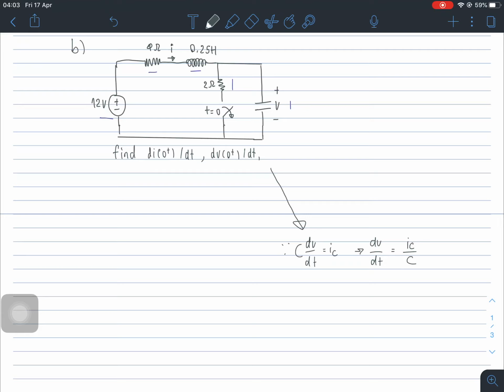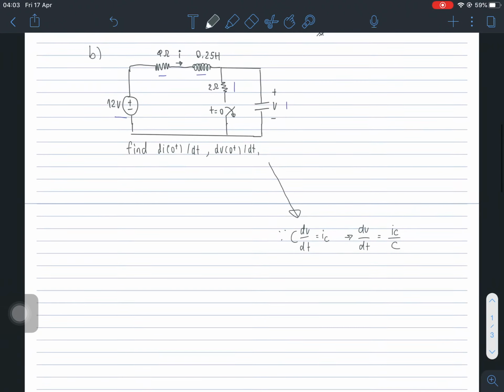Since the inductor current cannot change abruptly, the inductor can be treated as a current source in this case. So I think I should draw it out first so that we can get it easily.